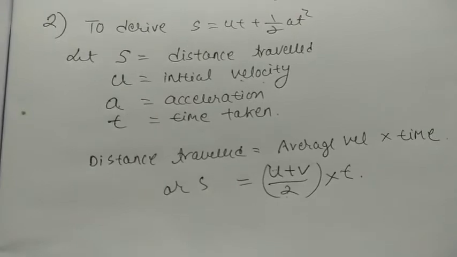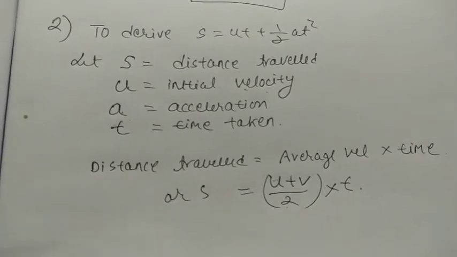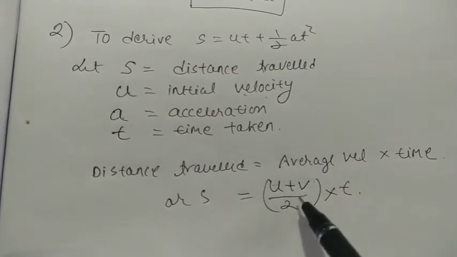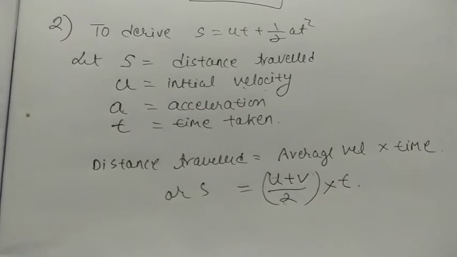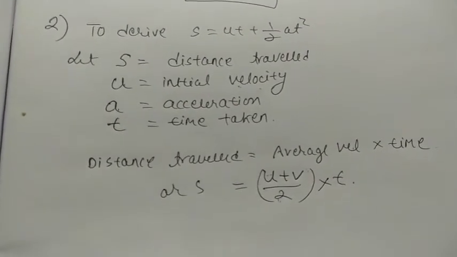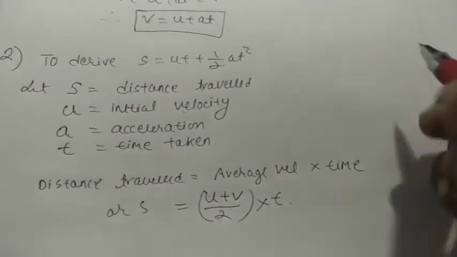One thing we have to keep in mind here: while deriving this equation algebraically, average velocity will be written as u plus v by 2. But if we are doing a numerical, average velocity will be total displacement by total time.